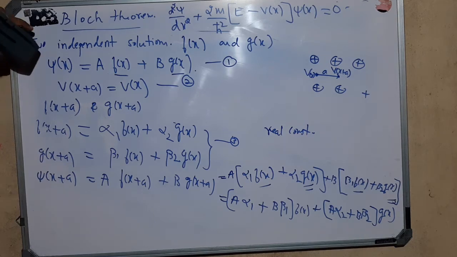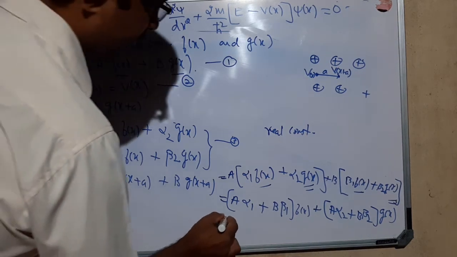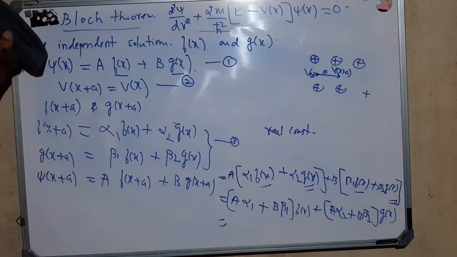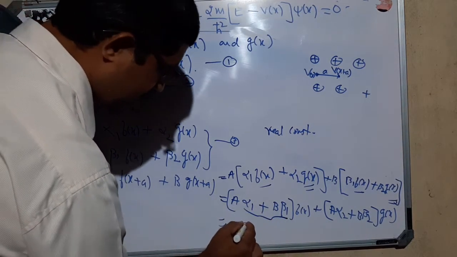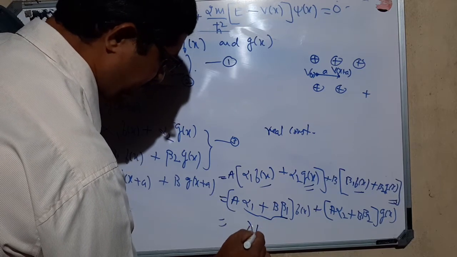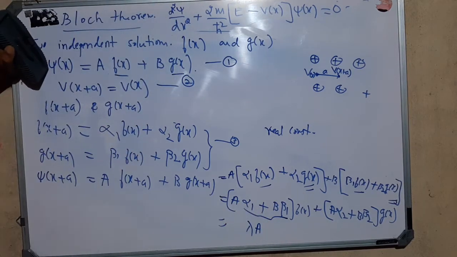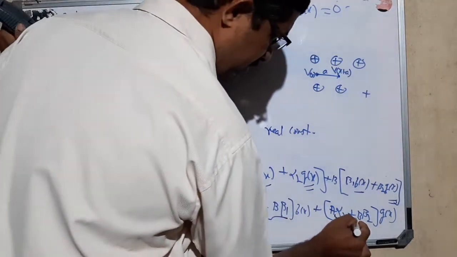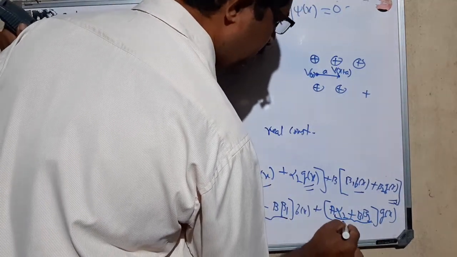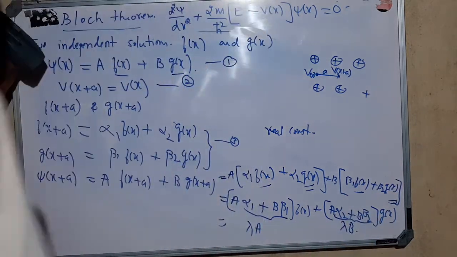So now I am introducing a constant, lambda. I am writing this term as equal to lambda a, and this term as equal to lambda b.